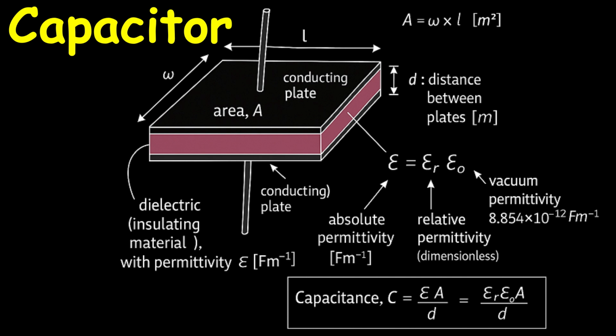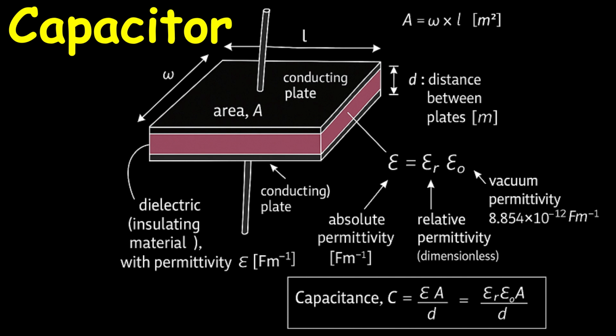Let's translate this from math into words. It says, the capacitance, C, of our device is determined by the absolute permittivity, epsilon, of the dielectric material inside it, multiplied by the area, A, of the conducting plates, all divided by the distance, D, separating those plates. This single equation is a complete recipe for building a capacitor.